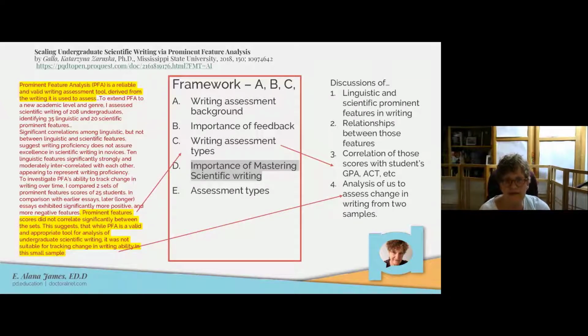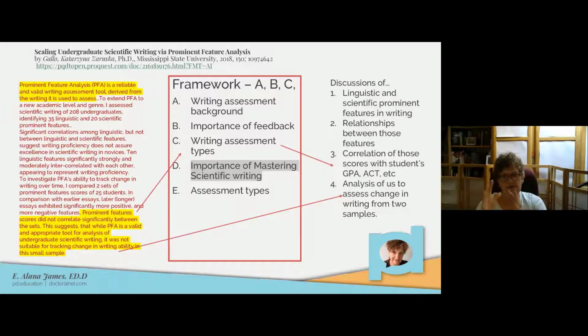And then the discussion was, this is the significance part, linguistic and scientific prominent features in writing. So that's what they got from the analysis. Relationship between those features, they talked about them, correlation of those scores with GPA and ACT scores, and analysis of its use to assess change in the writing samples.